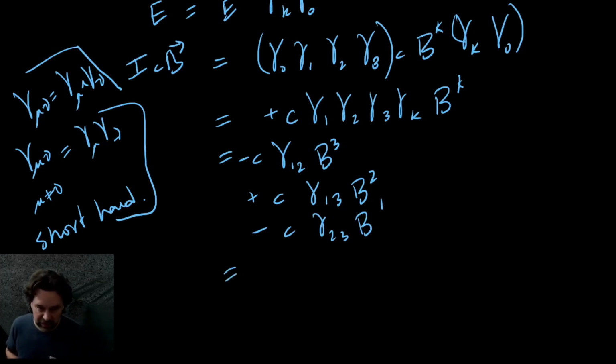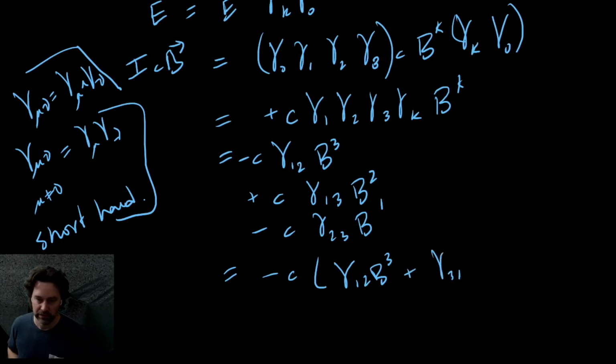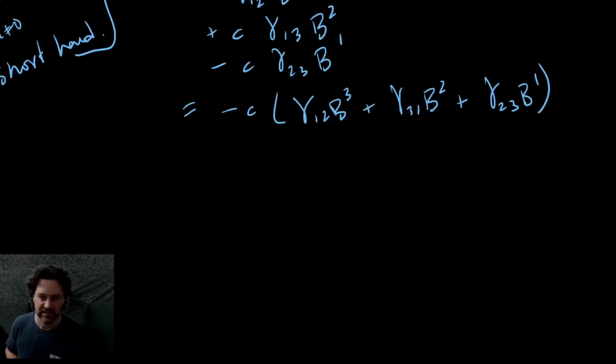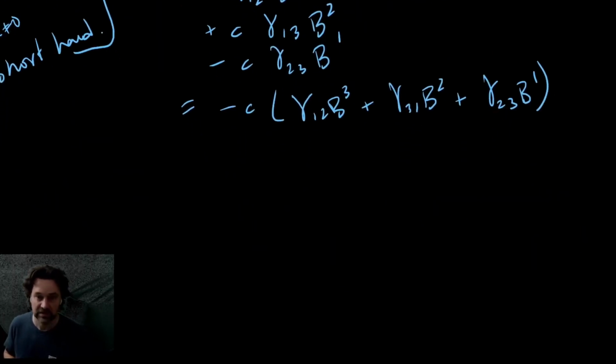We can tidy this up slightly as minus c times gamma^12 B^3 plus gamma^31 B^2 plus gamma^23 B^1. And I say that this is tidied up because every term here is an even permutation of 1, 2, 3.